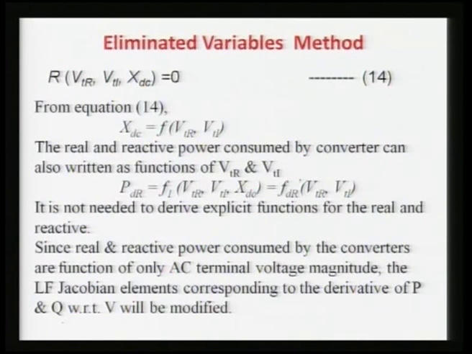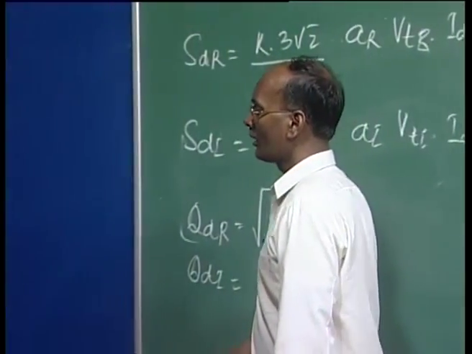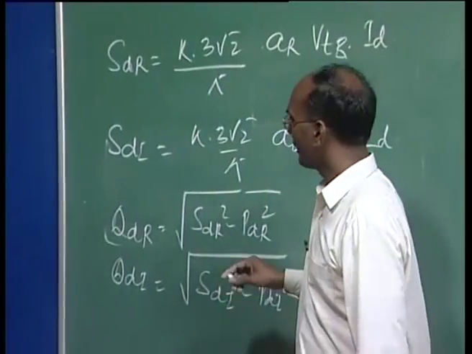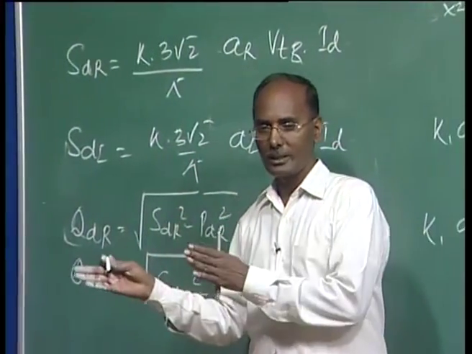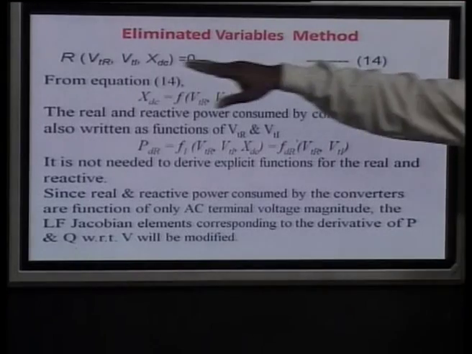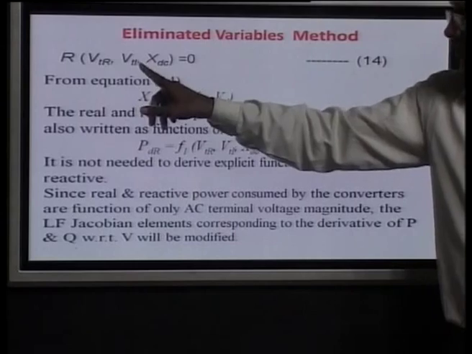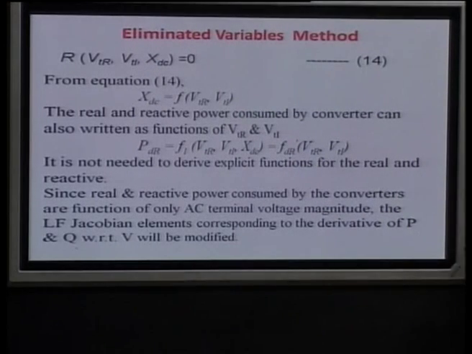Now, let us come to our eliminated variable method, or variable elimination method. Different names are given in different papers. Now, what we are doing here is extending the Jacobian. We saw that R1, R2, R3 are functions of VTR, VTI and XDC variables.